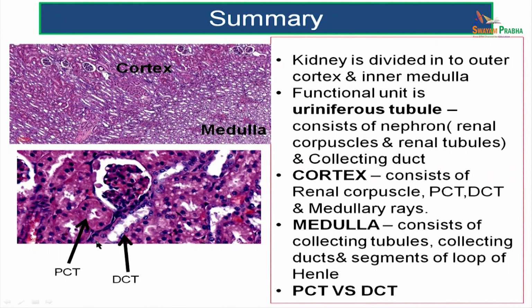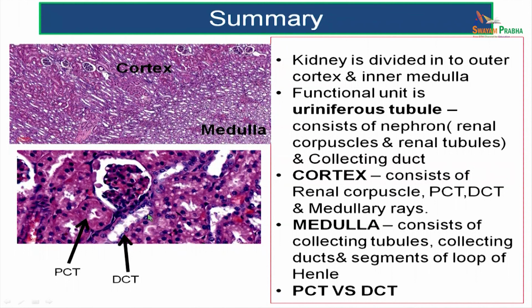We have seen the detailed structure of PCT and DCT as seen in the cortex. I have already mentioned that PCT is longer and forms the bulk of cortex, so you will see more sections of PCT as compared to DCT. PCT is darker staining, DCT is lighter staining. PCT has a brush border, so the lumen is not well defined.